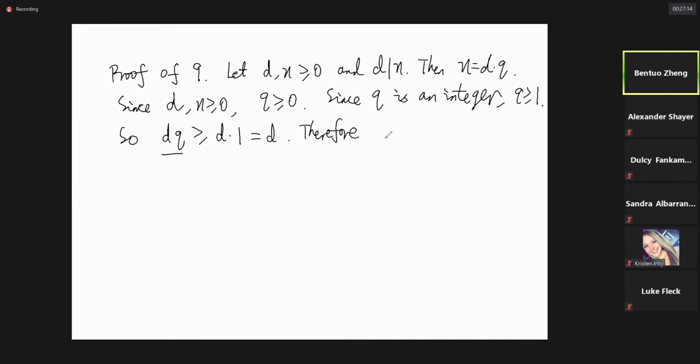So d times q is greater than or equal to d times 1, which is d. But d times q is equal to n. So n is greater than or equal to d. All right.